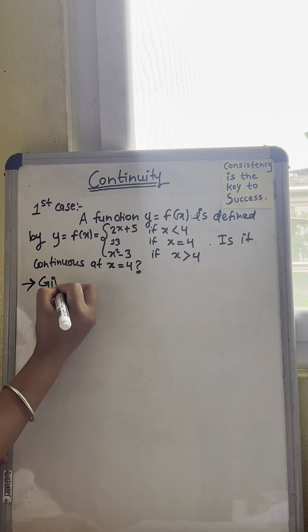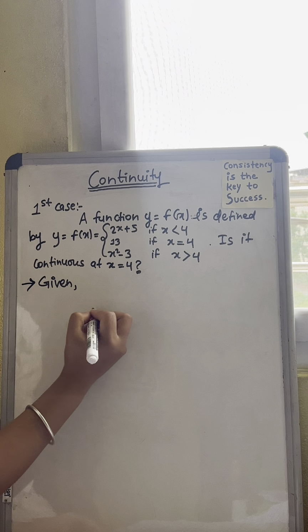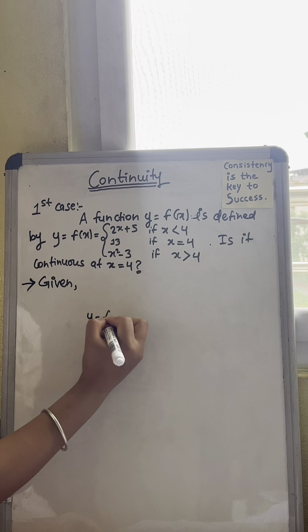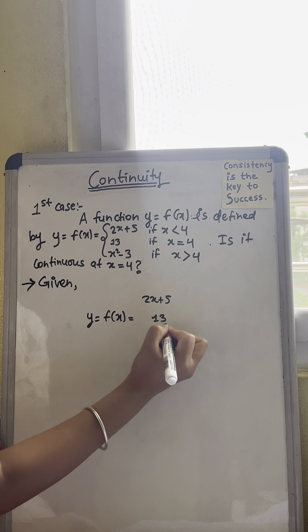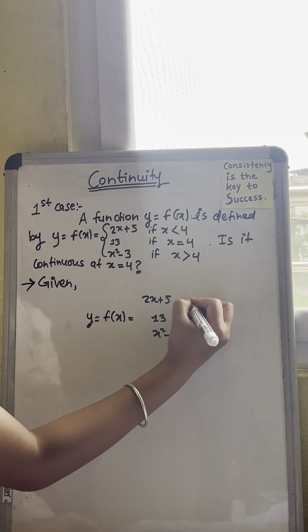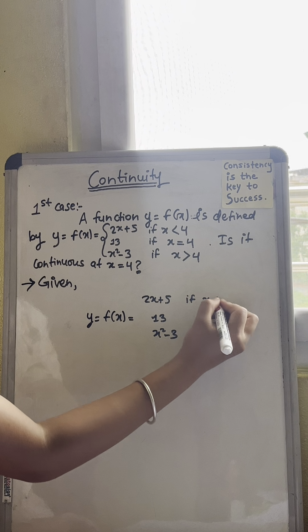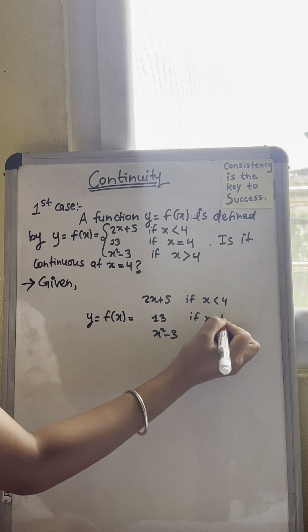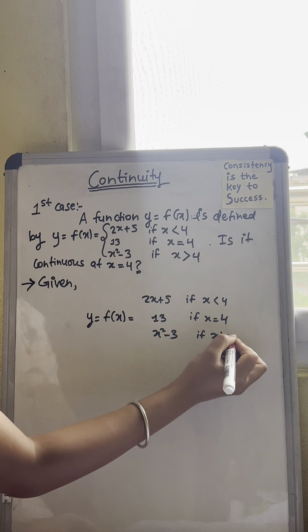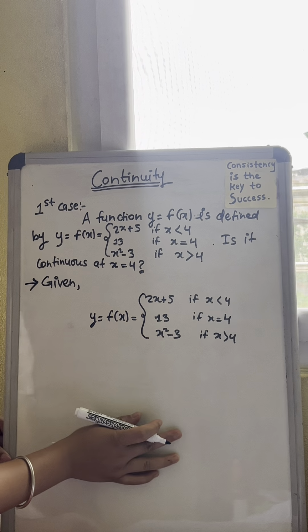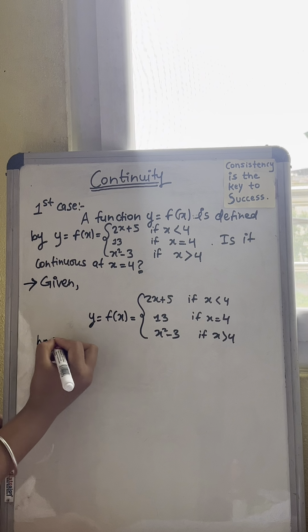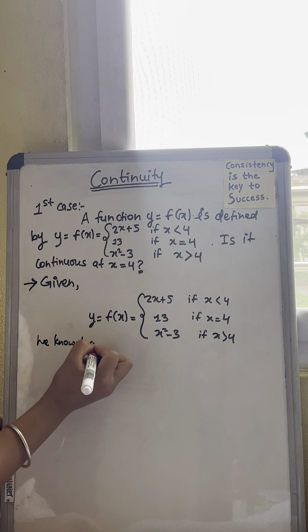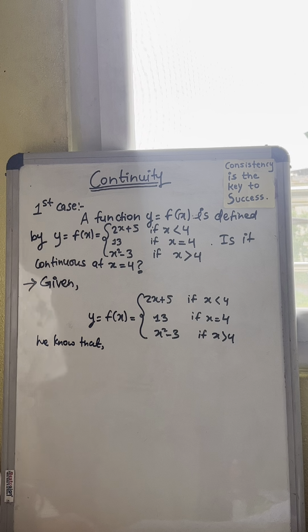First of all, we write the given: y = f(x) = 2x + 5 if x < 4, 13 if x = 4, and x² - 3 if x > 4. We know that. Now finding the left hand limit.